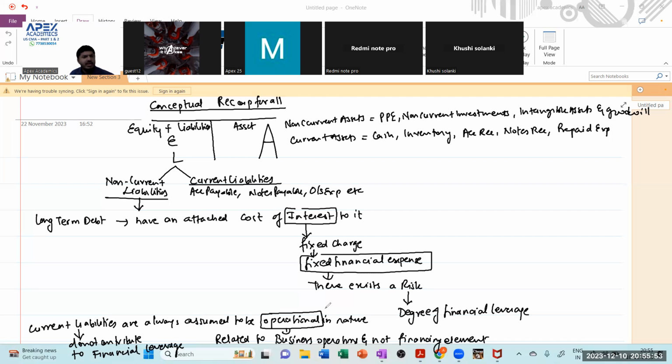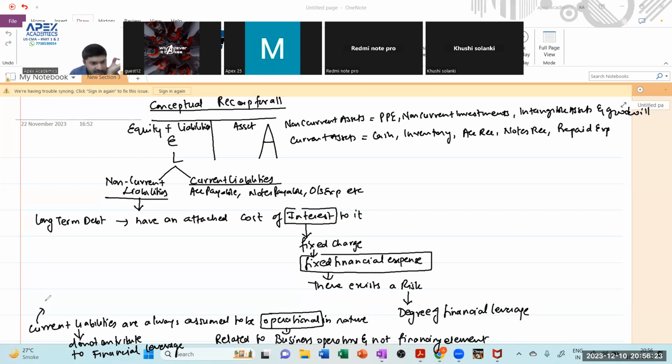Am I clear about this, ladies and gentlemen? Current liabilities do not contribute to financial leverage. Yes or no? They are what you do for business. You take goods on credit, you give somebody payment next month, and so on. They are not connected to your sources of finance. They are connected only to your operations.